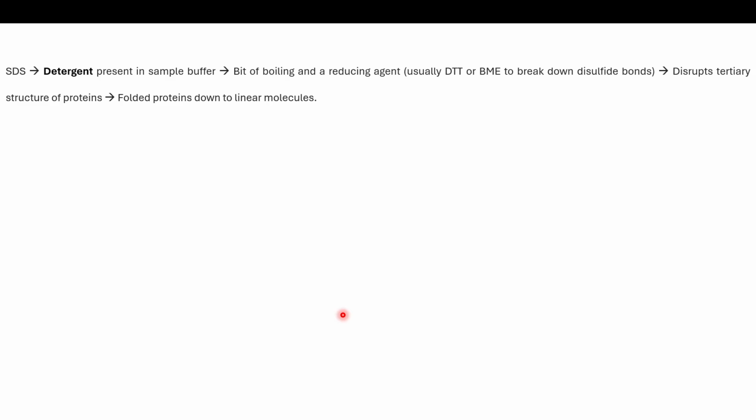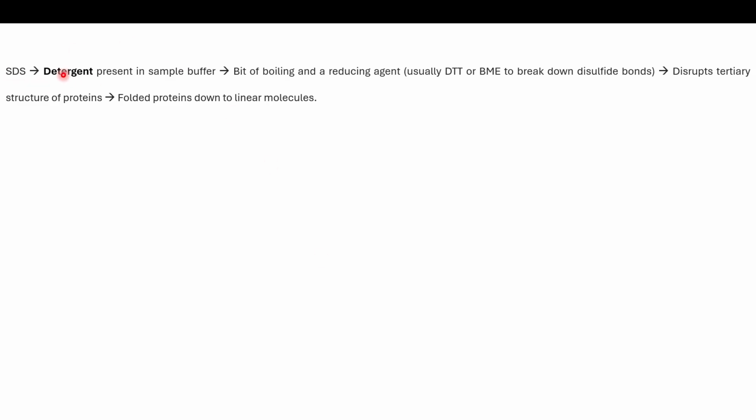Okay, a lot of acrylamide is there, and accordingly a small amount of bisacrylamide is there for the branching or cross-linking of the acrylamide polymers. Okay, this is how it actually looks at the molecular level.